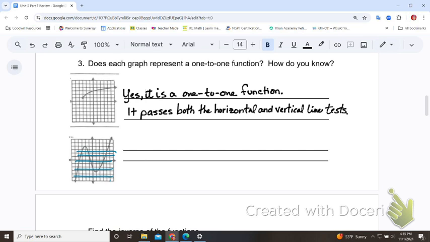So it does not pass the horizontal line test. So here I would say, no, it is not a one-to-one function.